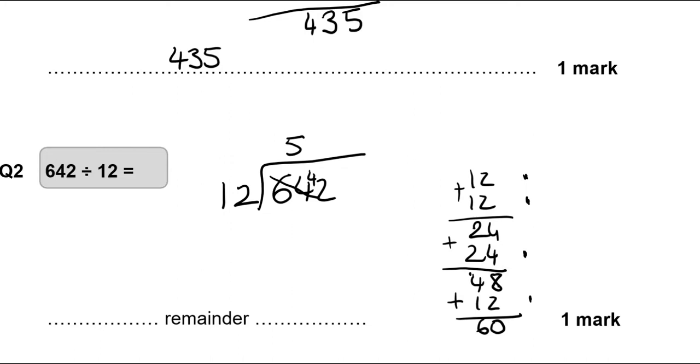That would be 3, because 4 lots of 12 would make 48, and we haven't got 48. 3 lots of 12 make 36. So we've got 6 carried over. So we're going to say 53 remaining 6.